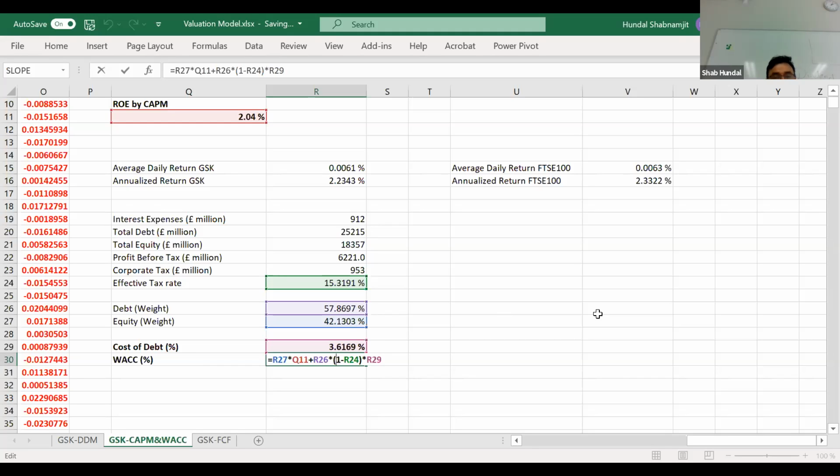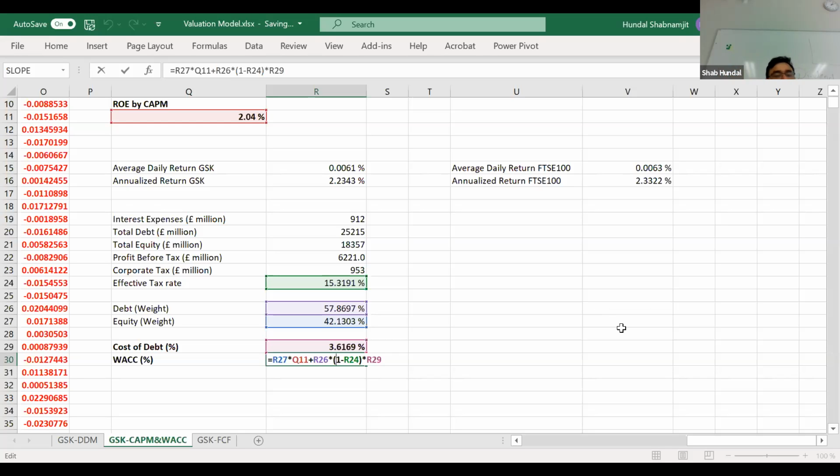Plus, we have R26, which is the share of debt, 57, almost 58%. And we multiply it with 1 minus R24. What is this R24? This R24 is the effective tax rate. And then we multiply with R29, which is the cost of debt.